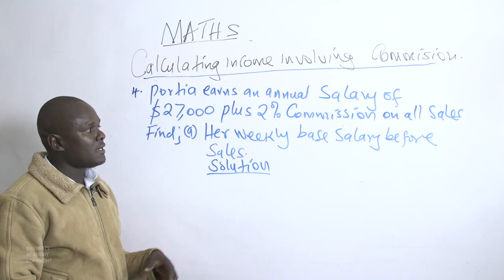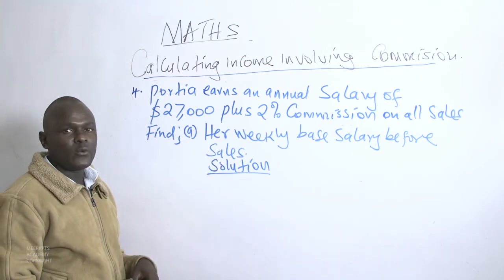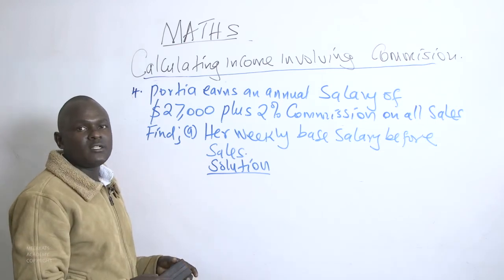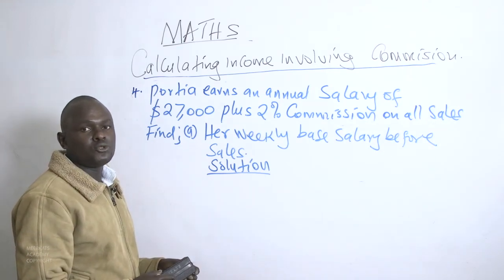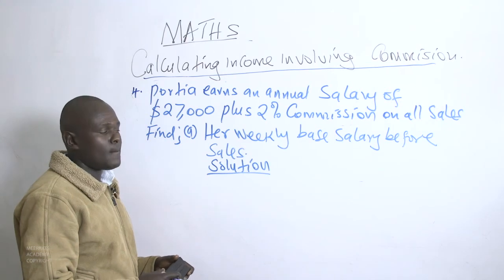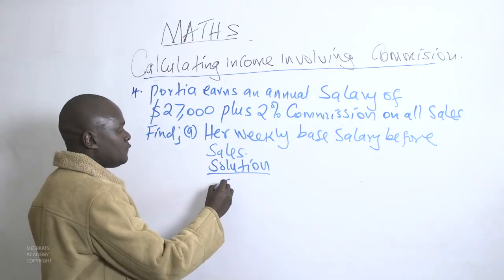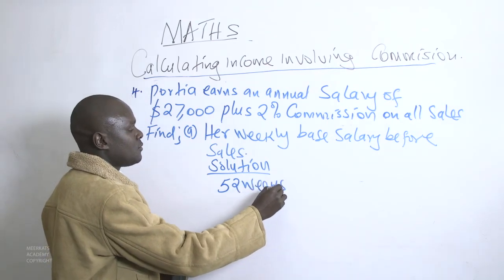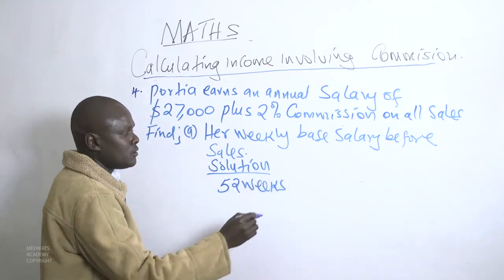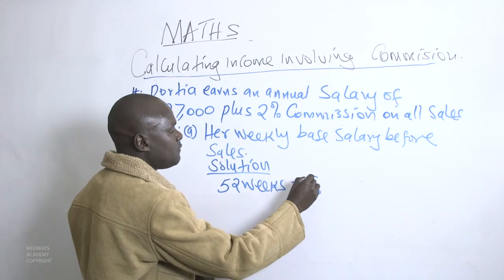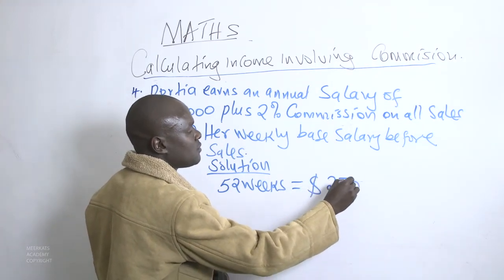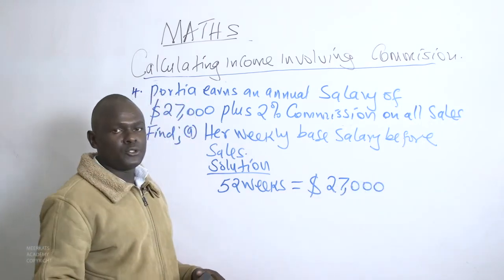Her annual base salary is $27,000. And here we want to get the base salary for a week. So this $27,000 is equivalent to 52 weeks. So 52 weeks annually is equivalent to a base salary of $27,000.